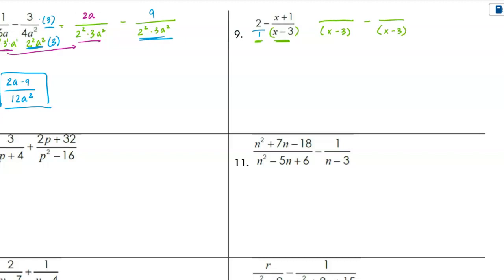Okay? Notice that factors have multiplication. Between x and 3, there is a subtraction. So you have to treat that entire binomial, 2 terms, as a factor. If it was 3x, then 3 would be a factor and x would be a factor. So what's missing in this denominator compared to that denominator is x minus 3.